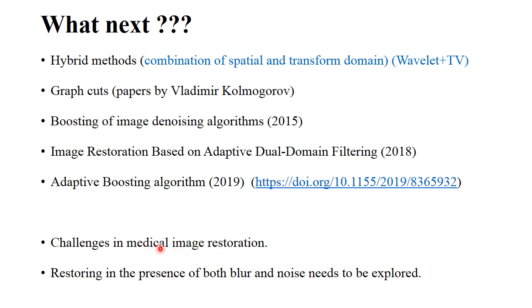For example, we can take medical images. In medical images, one image may consist of more than one noise. For example, speckle noise and Gaussian noise, both of them may exist in one image. So denoising such an image is quite difficult because one is additive, one is multiplicative. How to make a solution for that? So that restoration challenge is still there.